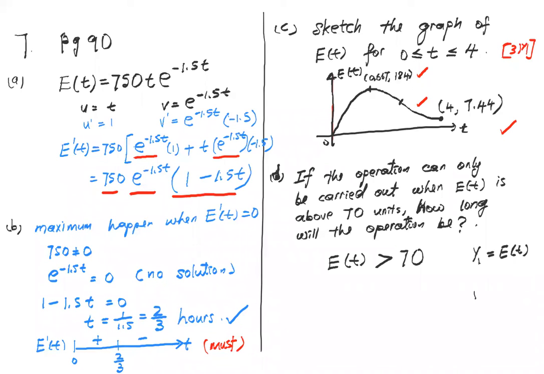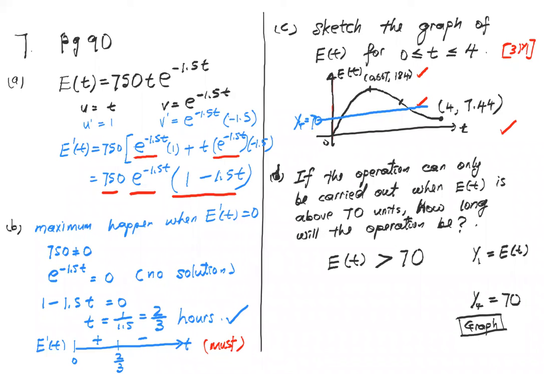So we are going to put into Y4 equal to 70. Then you go to graph. Okay, then you will see on the same graph, there is an extra line that comes out like that. Got that? There's your Y4 equal to 70.